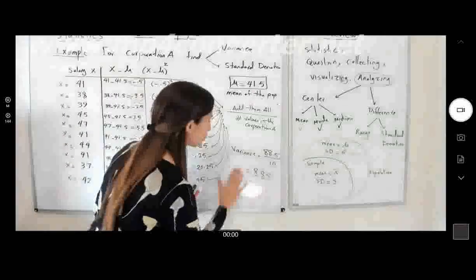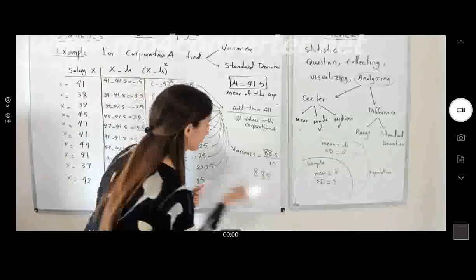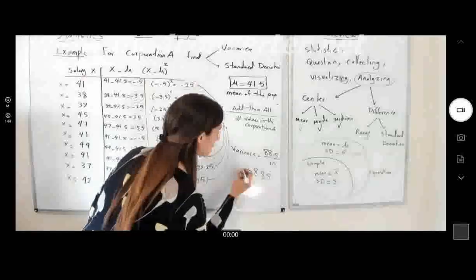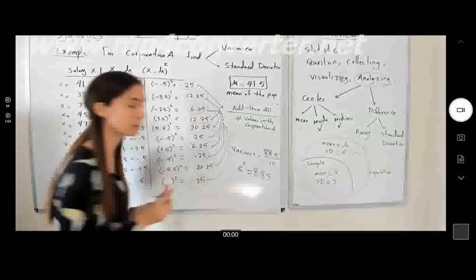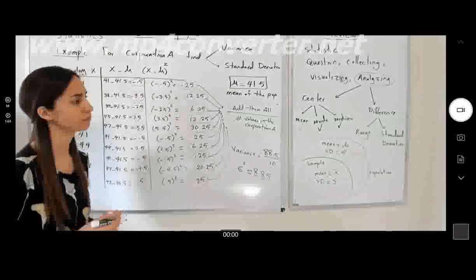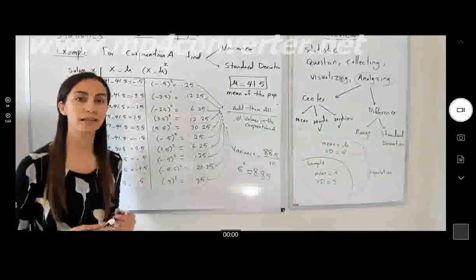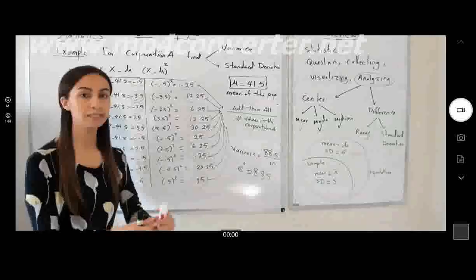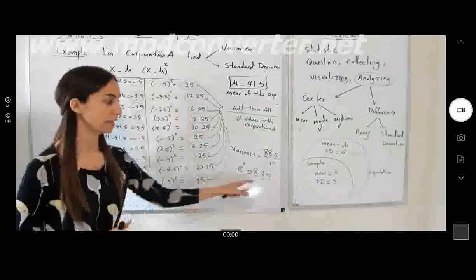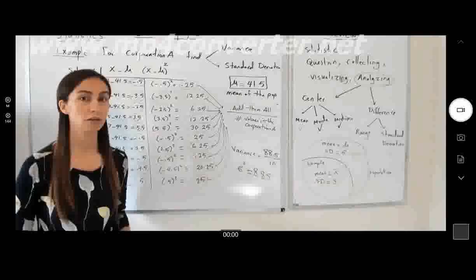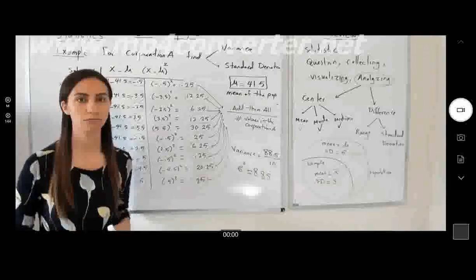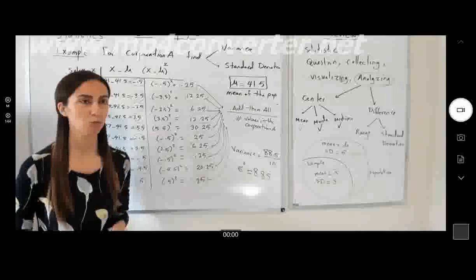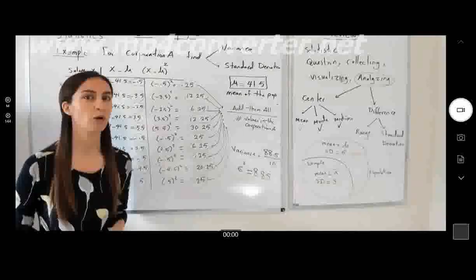So whatever the unit is, in this case, you have dollars. So it says the average distance between each salary and the mean salary is $8.85 squared. It doesn't make sense. What should I do with dollars squared?